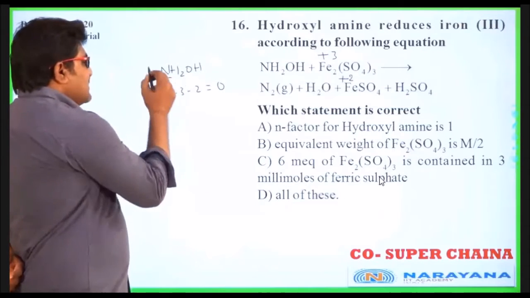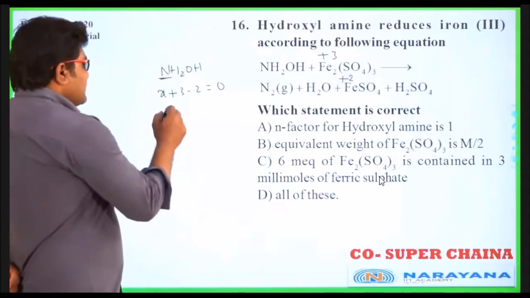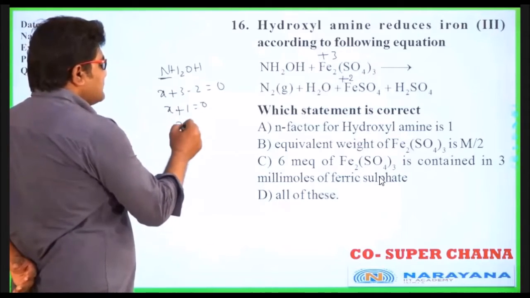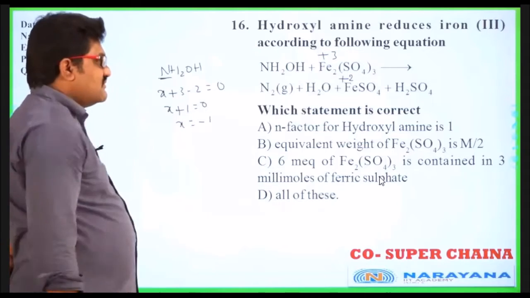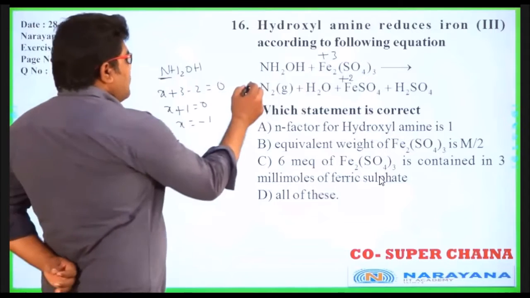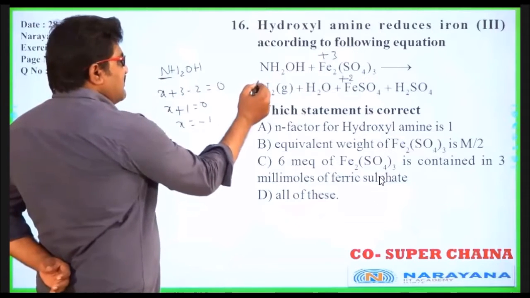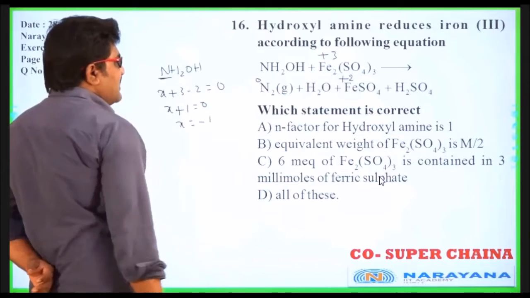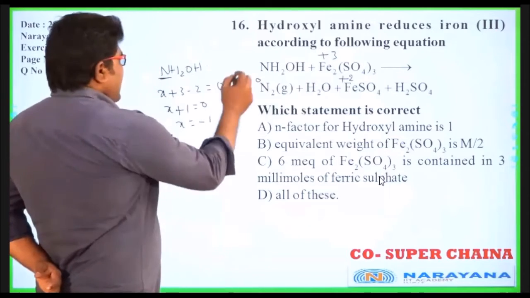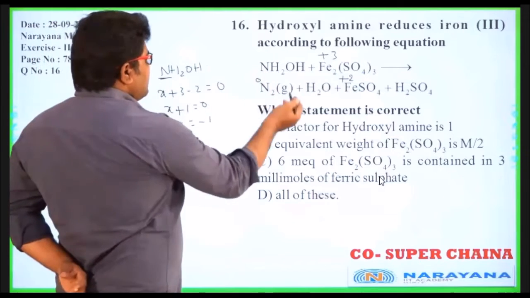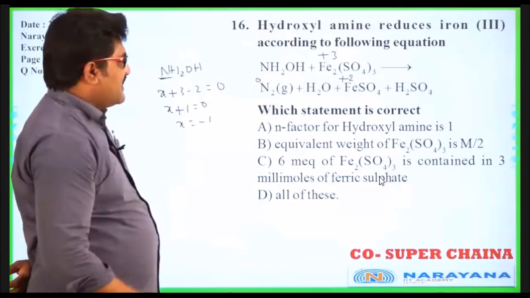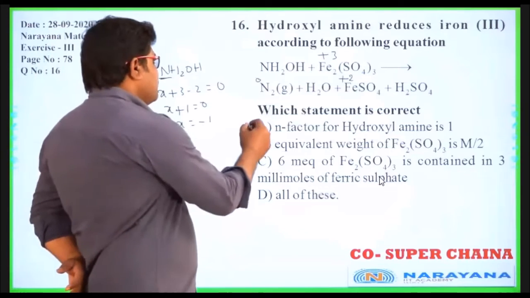And let the oxidation number of nitrogen be X. So X plus 1 is equal to 0, X is equal to minus 1. Okay. Now here in N2 the oxidation number of nitrogen is 0. So from 1 mole NH2OH, if it converts to N2, the change in oxidation number is 1 unit. So N factor for hydroxylamine is 1.